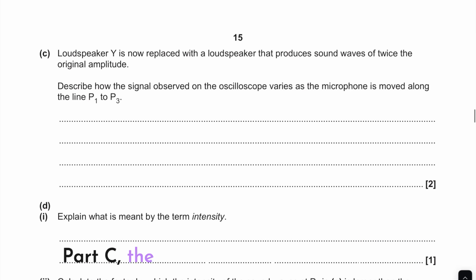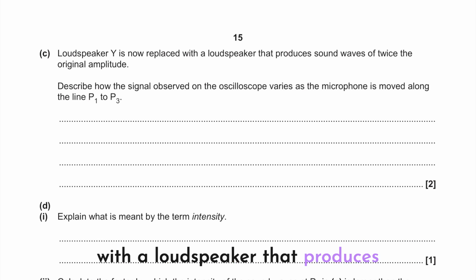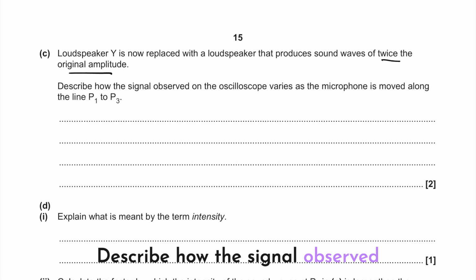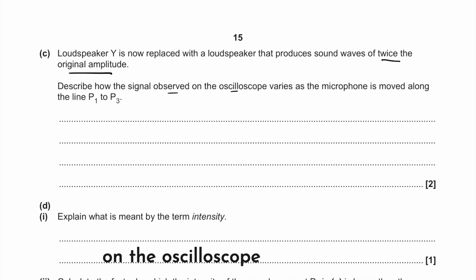Part C. The loudspeaker Y is now replaced with a loudspeaker that produces sound waves of twice the amplitude. Describe how the signal observed on the oscilloscope varies as the microphone is moved along the line P1 to P3.